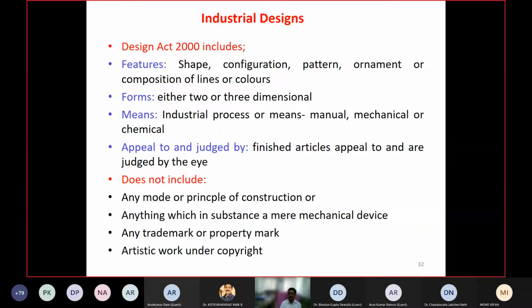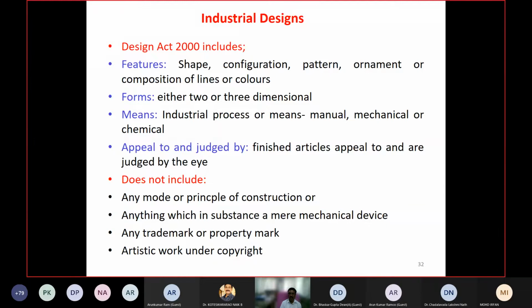The method of construction of that industrial design is not protected. Anything which is a mere mechanical device is not protected either. Sometimes you prepare a jugaad, and it helps us, some device is helping. Such a device is not an industrial design per se.